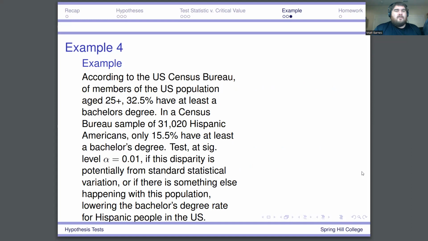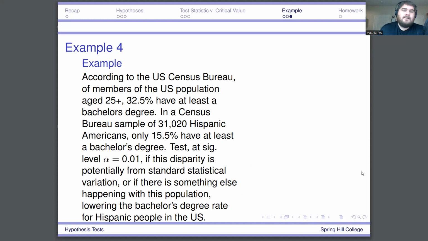Okay, let's go to something a little more real life. So according to the U.S. Census Bureau, of the members of the U.S. population 25 or older, 32.5% have a bachelor's degree. Right? So this was a few years ago. In a Census Bureau sample of 31,020 Hispanic Americans, only 15.5% had at least a bachelor's degree.